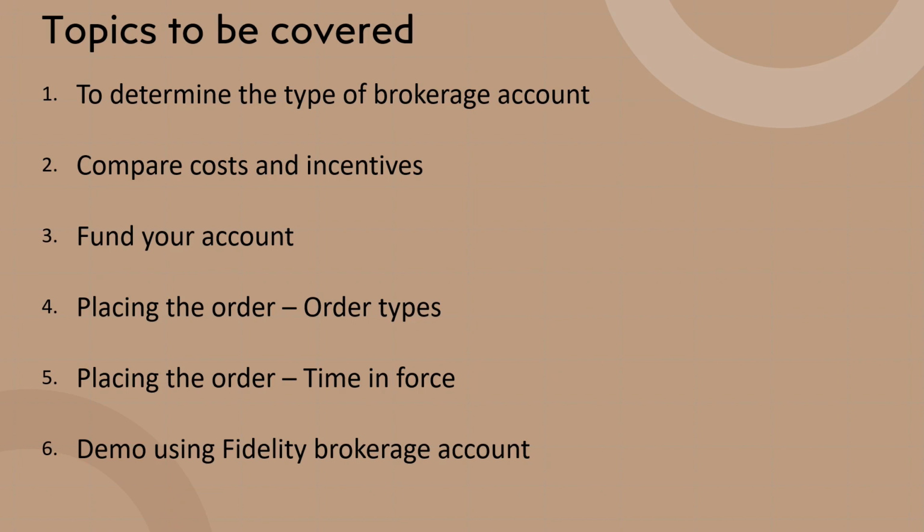And fifth, again with respect to placing the order, what are the timelines that you can place the order for? And last but not the least, but the most important, we will show you a demo using a Fidelity brokerage account to show you how to place your stock trade in the brokerage account.